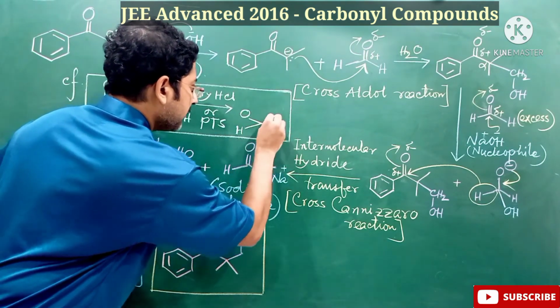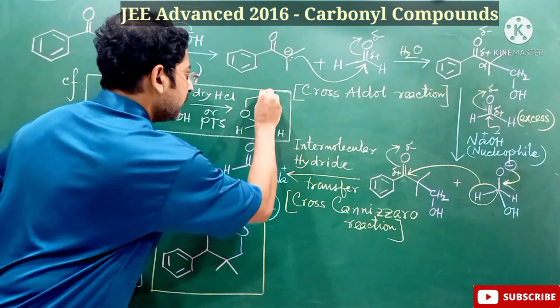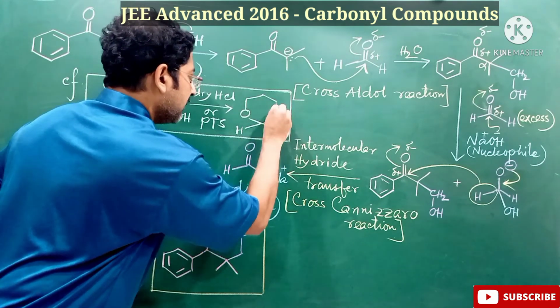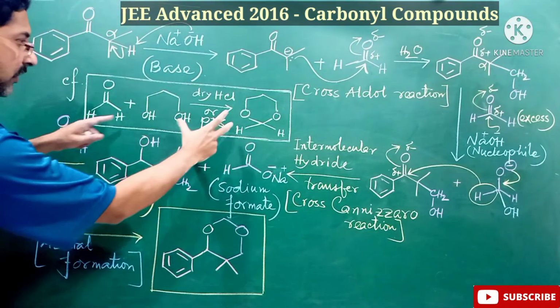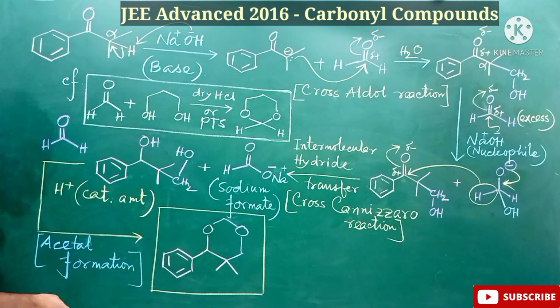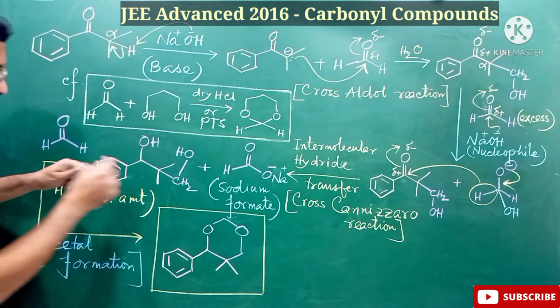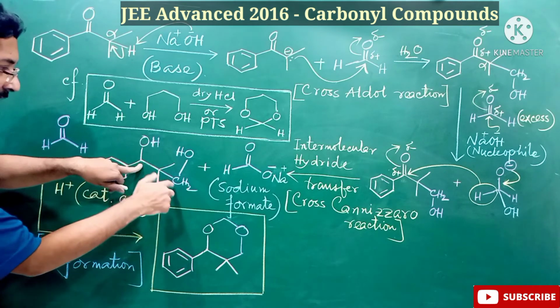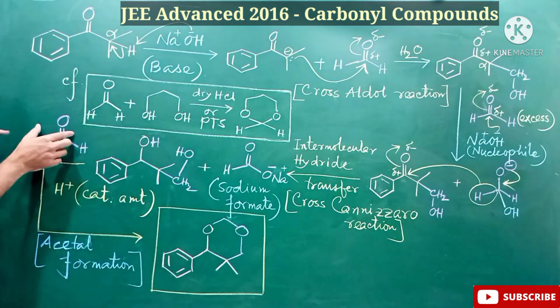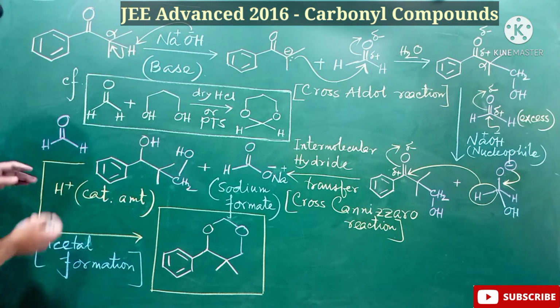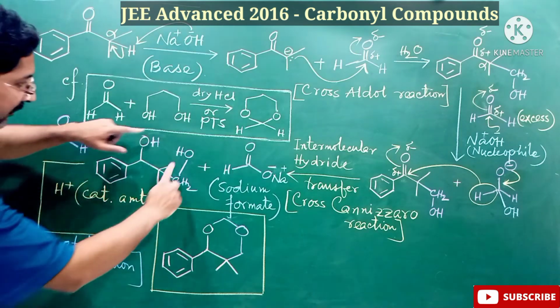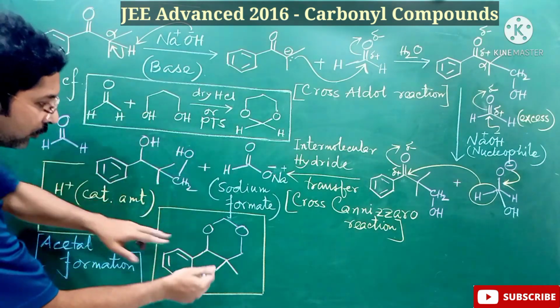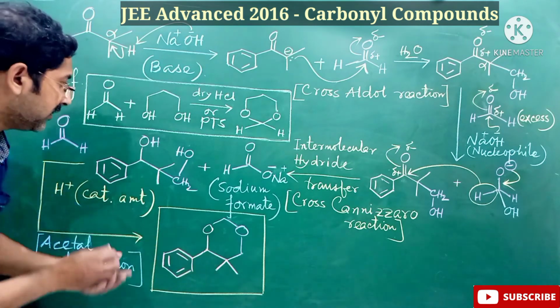So actually this reaction occurs over here. Okay, this compound contains 2 OH groups at the 1 and 3 position and this is your formaldehyde molecule. So this formaldehyde molecule will react with this OH group to form this acetal, right.